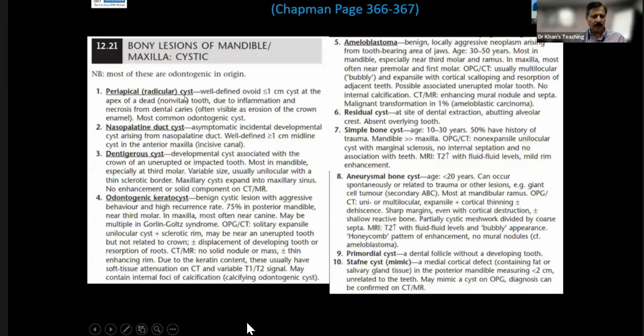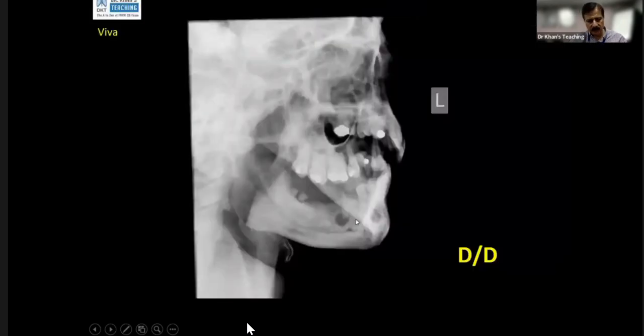Periapical or radicular cyst, well-defined ovoid, less than 1 centimeter cyst at apex of dead tooth due to inflammation and necrosis from dental caries, often visible as erosion of the crown enamel. Most common odontogenic cyst. So if you see here, the crown is eroded. And with that, at the root, you can see that there is a cyst. So this is a radicular cyst.